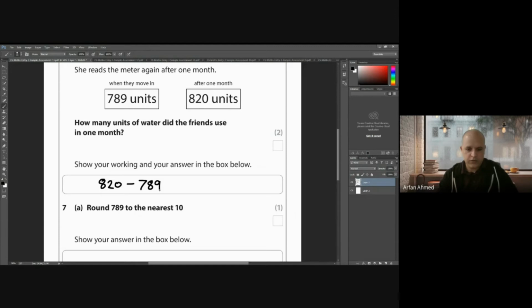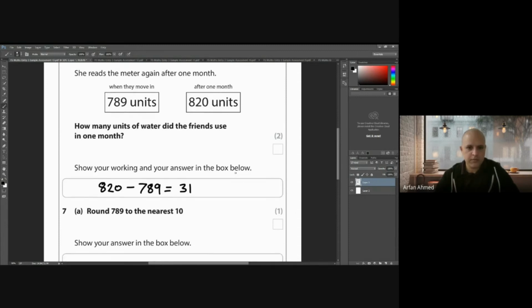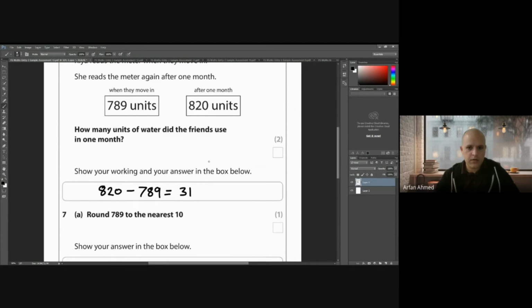You shouldn't get this wrong, to be honest. Your answer is 31. Let's put units as well because it's 31 units.